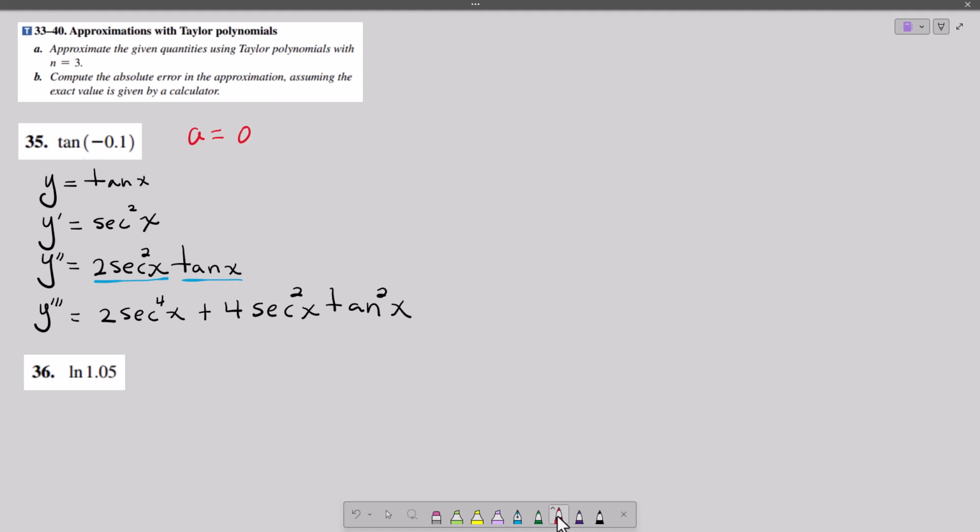So now we evaluate each of these at the center. So y of 0 is tangent of 0, which is 0. Y prime of 0 is secant of 0, which is 1. Y double prime of 0? What's that going to be? 0, because tangent of 0 is 0.